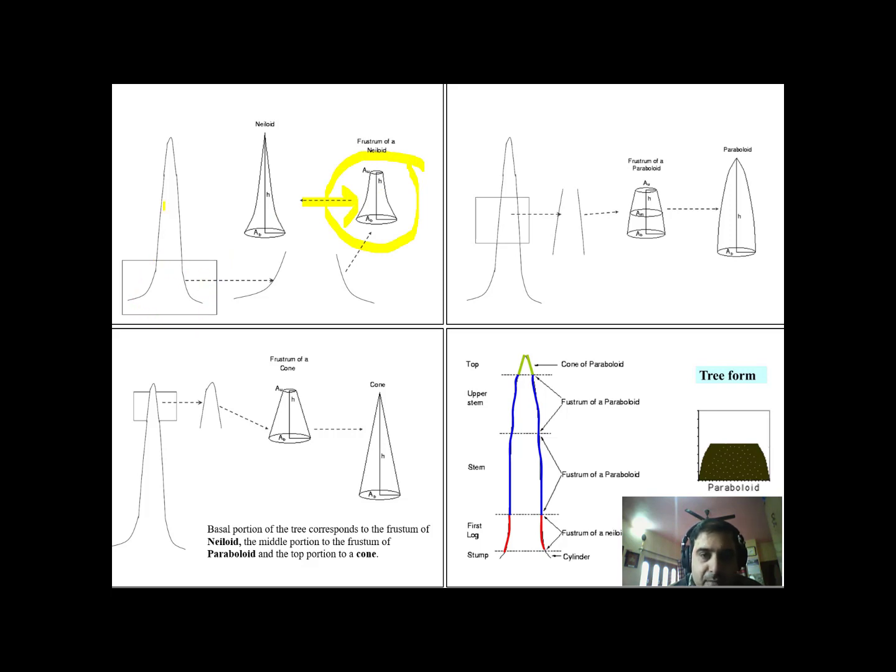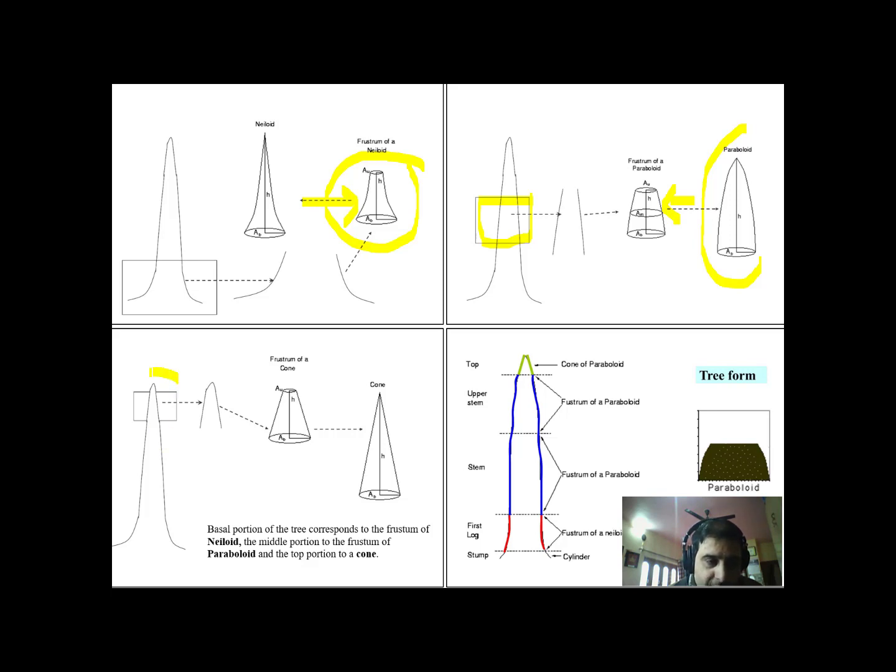Moving towards the middle portion of the tree, we take a frustum of the paraboloid and place it in place of the middle portion of the stem. It clearly resembles the middle portion of the stem.